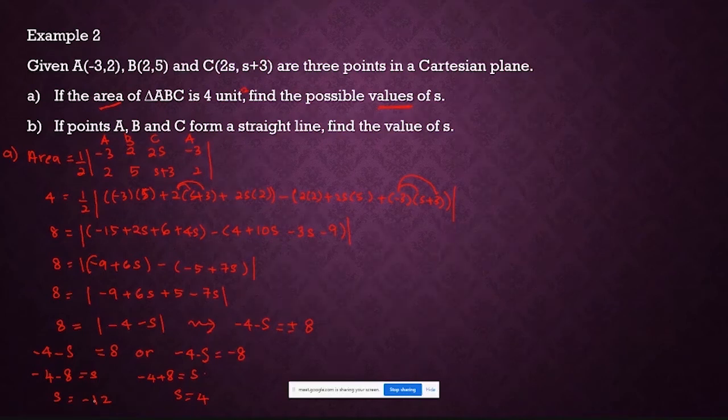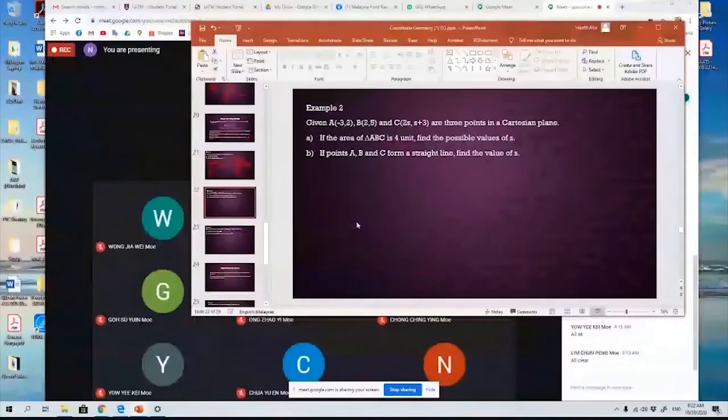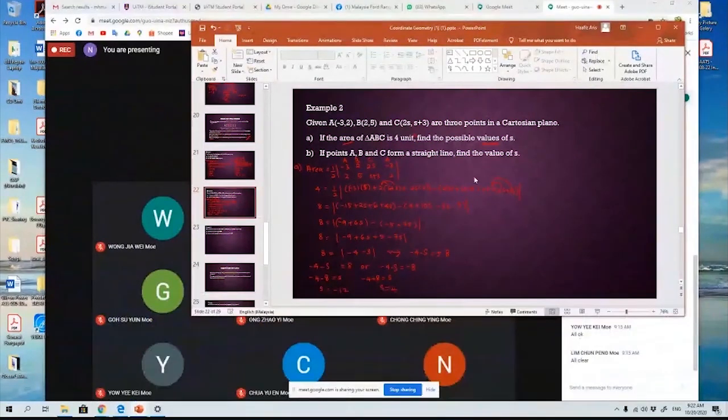So two values of s, negative 12 and 4, must be seen in your calculation. Okay, clear for example 2a, this part A? Any questions?